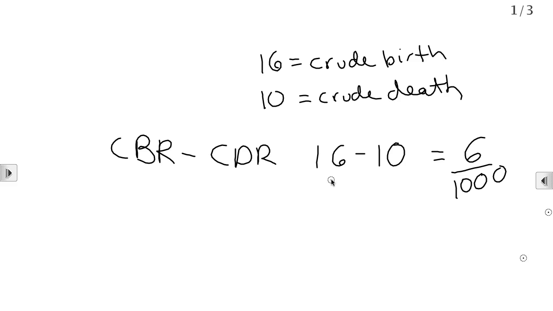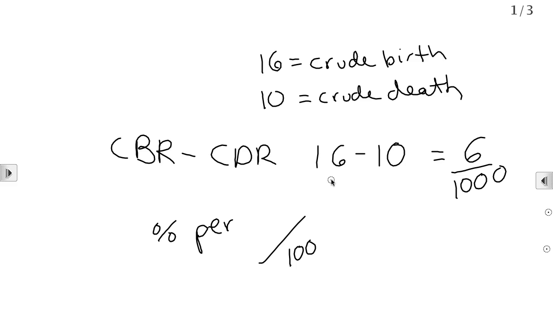Every once in a while, though, they'll ask you to give that as a percentage or as a rate. Can we change this to percentage pretty quick? Let's talk about the word percent. Per cent means 100. That's why there's 100 cents in a dollar. Per cent means per 100.